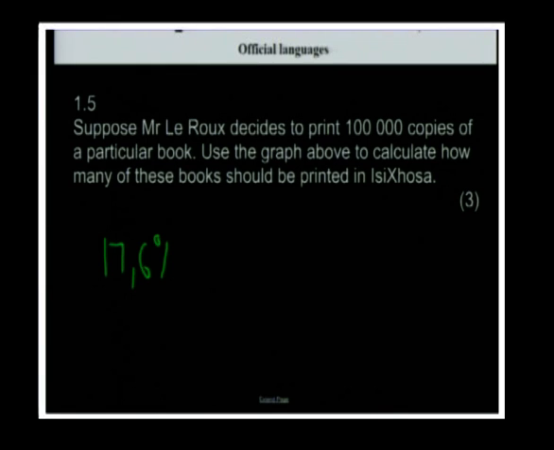So what we're really asking now is we want to know what is 17.6% of 100,000. Because the 100,000 represents the number of books that need to be printed in all 11 official languages.